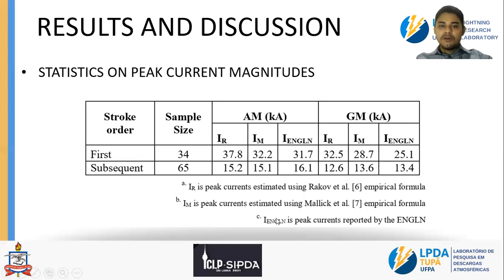For example, the average of first stroke peak currents using our methodology and Malik's current conversion equation is 32.2 kiloamps, and for Earth Networks is 31.7. So very close to each other. The same for subsequent strokes.